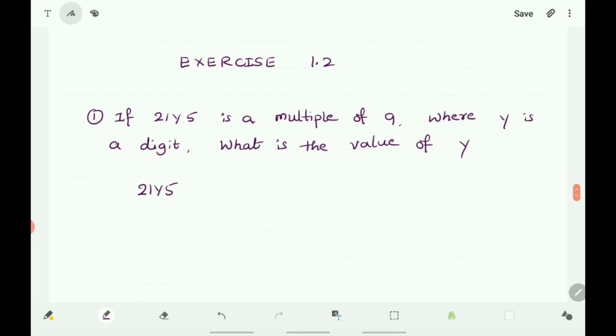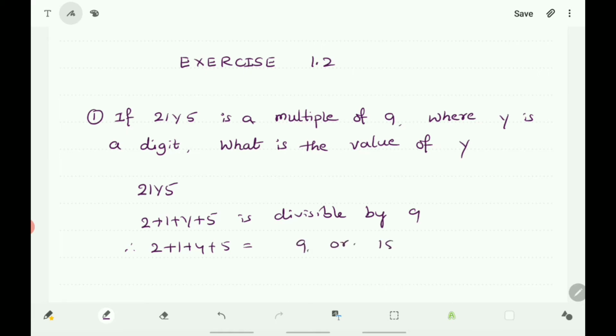Here 21y5 is divisible by 9 means 2 plus 1 plus y plus 5 is divisible by 9. Therefore you can write 2 plus 1 plus y plus 5 is equal to 9 or 18 or 27, like this way.